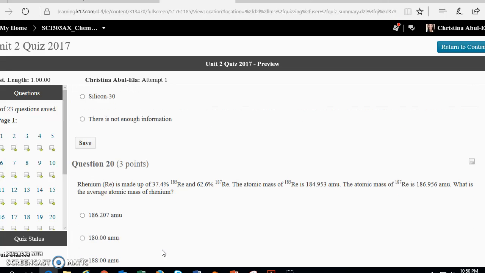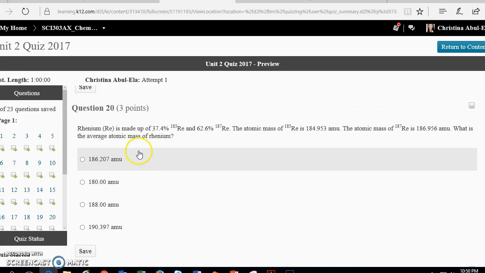Question 20. Rhenium is made up of 37.4% rhenium-185 and 62.6% rhenium-187. The atomic mass of rhenium-185 is 184.953 atomic mass units.